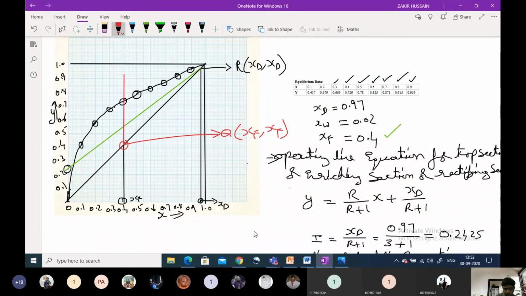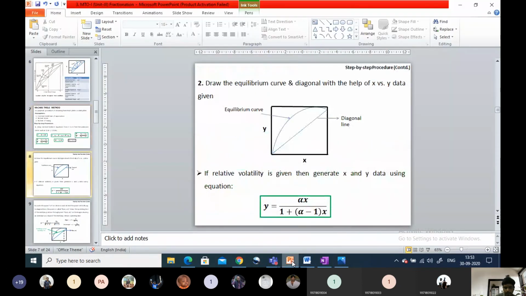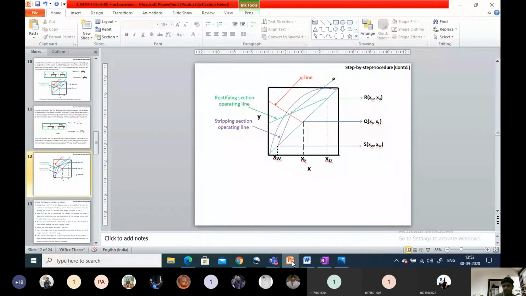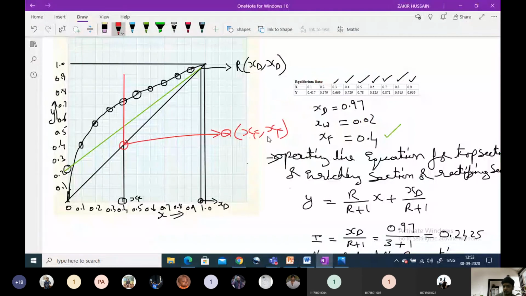This red line is called the q line equation, the q line. Wherever this intersecting point is, we are calling it the P point, the intersecting point. I will not draw anything here. Just remember that, the intersecting point.